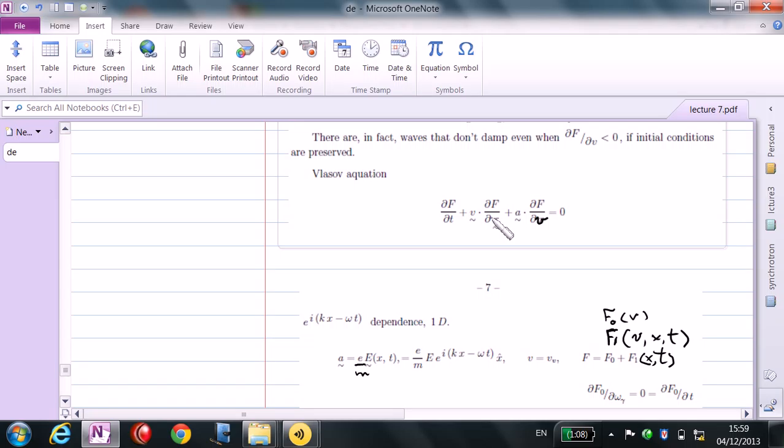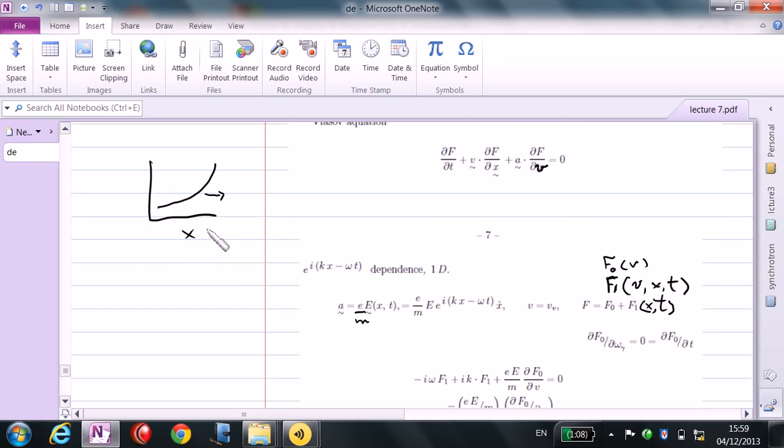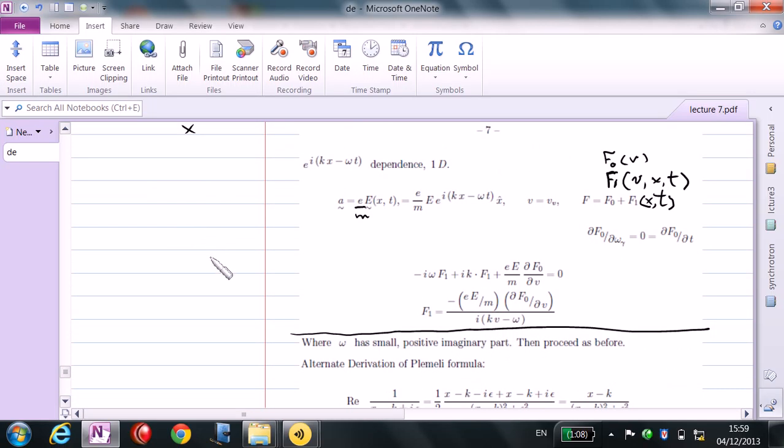It's like a Boltzmann equation. At a given V, and this is X, if F is like this, and they're moving this way, then df/dt is going to be negative, because df/dx is positive. So all this is still phase space.